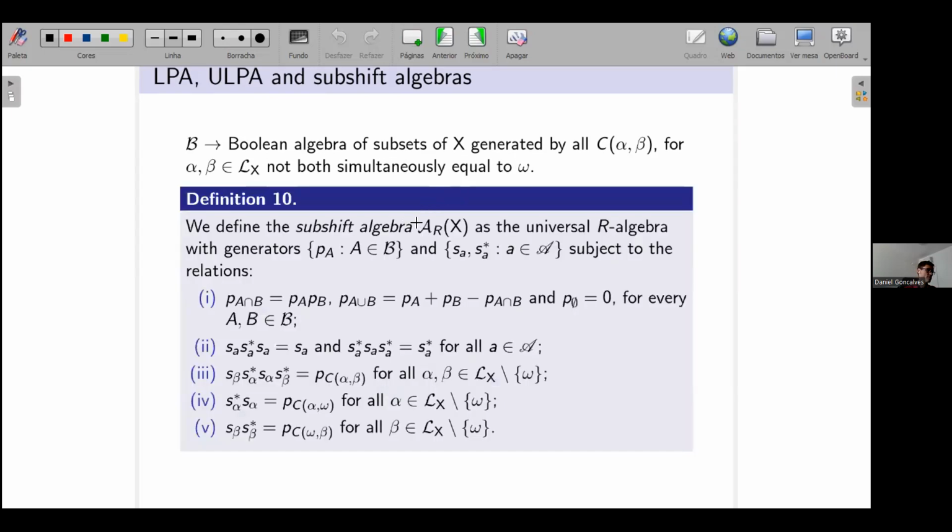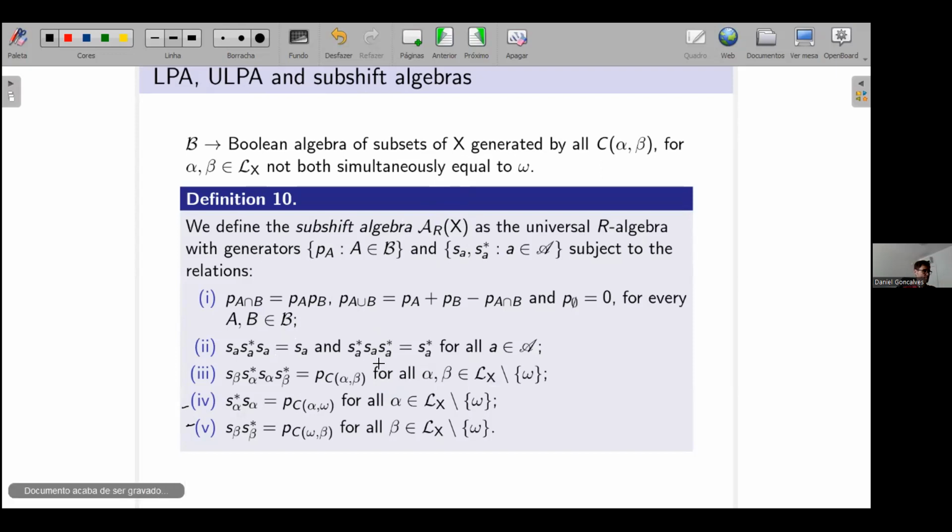And then the subshift algebra, the non-unital version, is again generated by partial isometries for each element of the alphabet and projections for each element of this Boolean algebra, and we have similar relations, but we have to add these last two, 4 and 5, because we don't have the unit now.